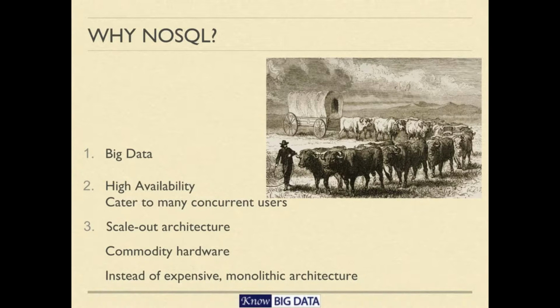In commodity hardware, you did not have to add an elephant in order to pull the cart. You were able to get away with the usual commodity cattle, right? Similarly, commodity hardware means it's nothing special, but it does not mean that it's bad hardware.